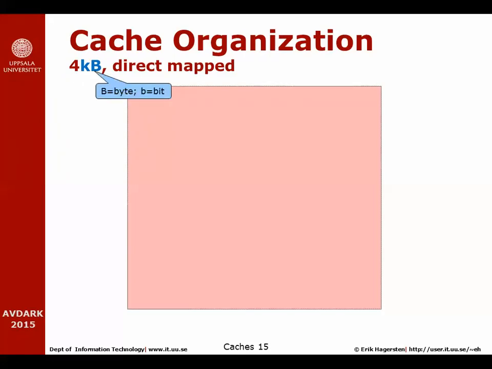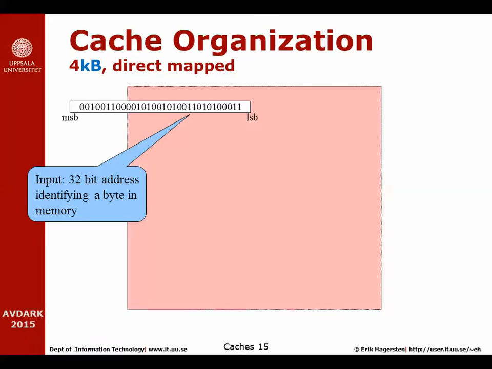When I write capital B, I mean byte, 8 bits, and when I write a small b, I mean bit. This typically symbolizes a 32-bit address with the most significant part and the least significant part of the bits, and this is part of the input for the cache.